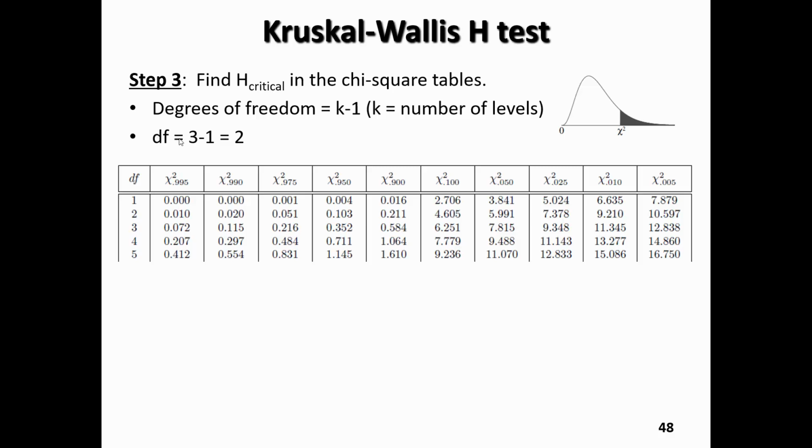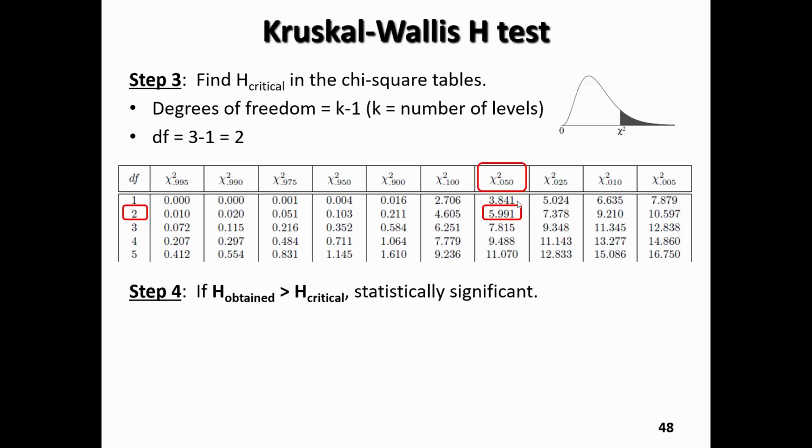And so we had 3 groups, subtract 1, and we have a degree of freedom of 2. And so what we want to do here is locate our degrees of freedom along the column here, and we just calculated a value of 2, and unless stated otherwise, we're testing at the 0.05 type 1 error rate level, and the intersection here gives us a critical value of 5.991.